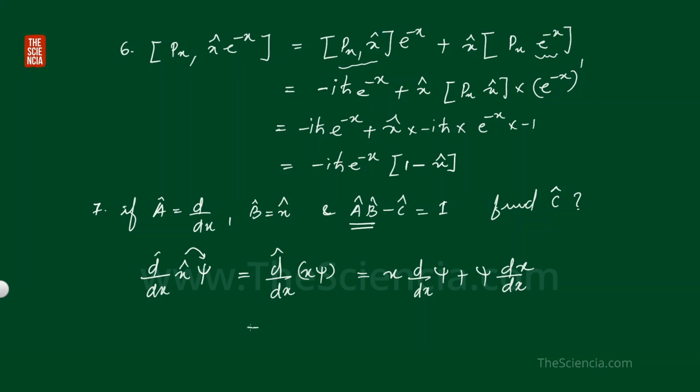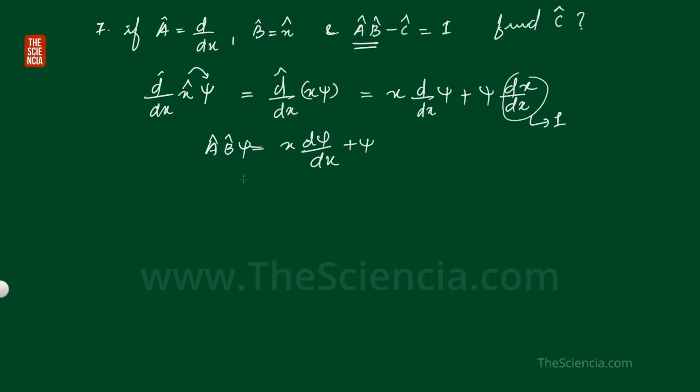That is equal to x into d psi by dx plus psi, because dx by dx equals 1. That is, ab psi is equal to this. Here we can cancel the test wave function from both sides, and we get ab is equal to x d by dx plus 1.